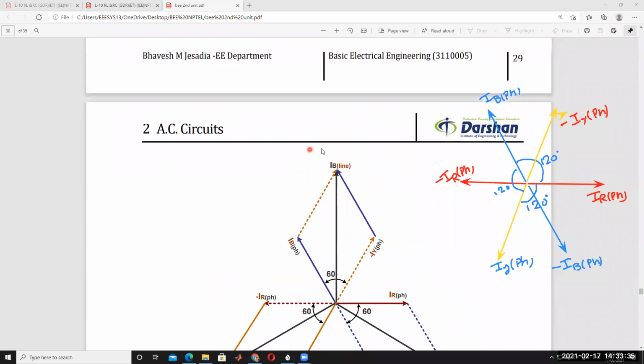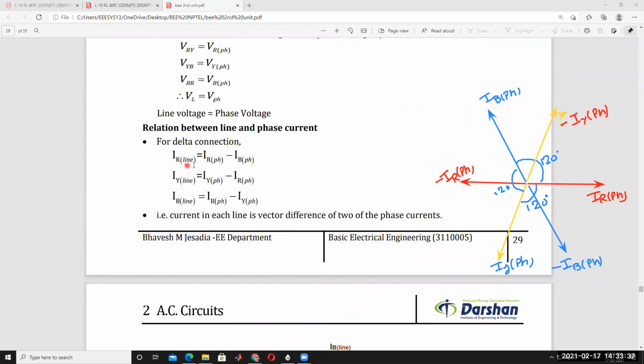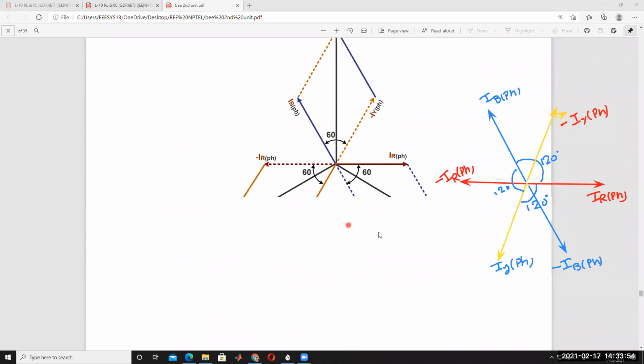And then here, IR line is nothing but the addition of these two, IR phase and minus IB phase. Where is IR phase? Here, IR phase and minus IB phase. So the addition of these two is called IR line. Understood?